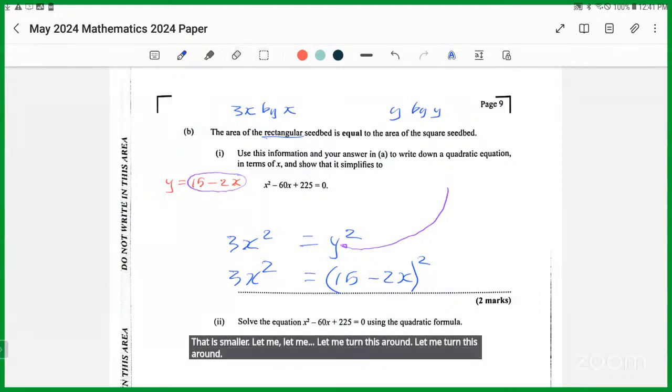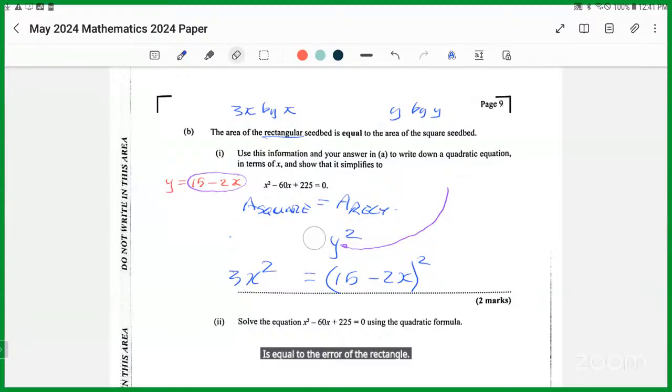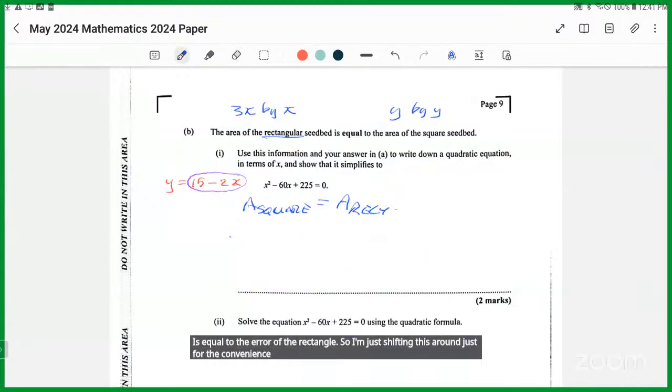All right, so I'm going to write the area of the square. It's just for convenience of the use of space that I'm doing this. It's equal to the area of the rectangle. So here the square is y squared, equals here the rectangle, 3x squared.